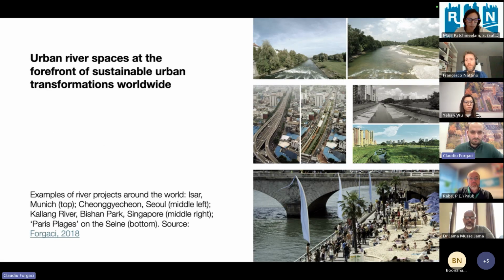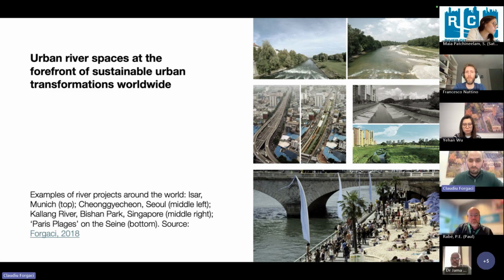As you know, until a few decades ago, rivers or urban rivers had been seen as infrastructures that can or should be tamed, which resulted in citizens and urban life in general moving away from the riverfront.